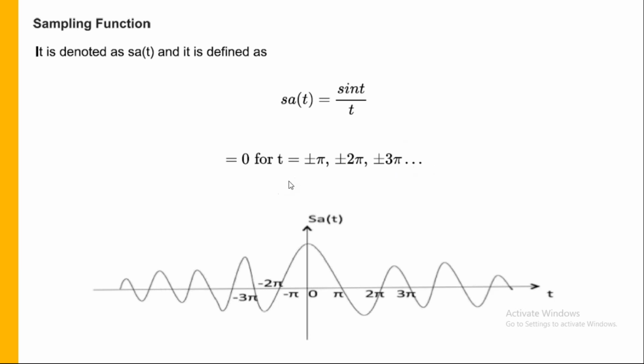That means you substitute these values of t in this equation, then analyze how the amplitude is varying between pi to 2 pi and between 2 pi to 3 pi, whether the amplitude goes on increasing or decreasing for different values of t. Now take an intermediate value between pi to 2 pi.